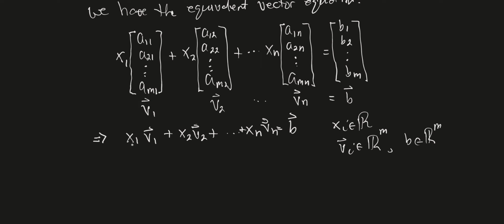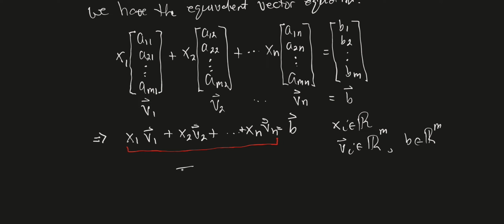This expression on the left-hand side, where we have vectors and they're all being multiplied by their respective scalars, is what we refer to as a linear combination of the vectors v1, v2, vn. Notice this can be written with the sigma form.